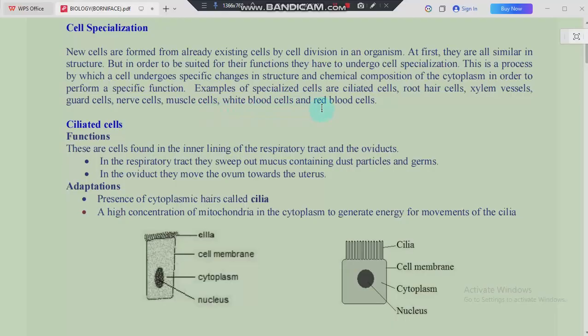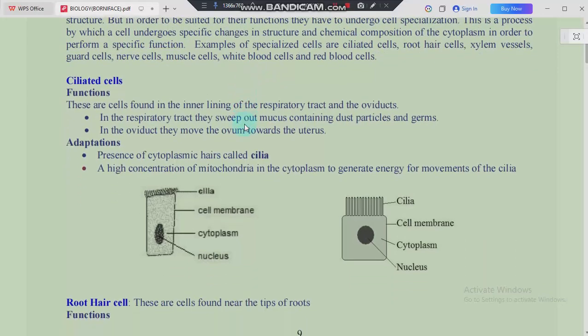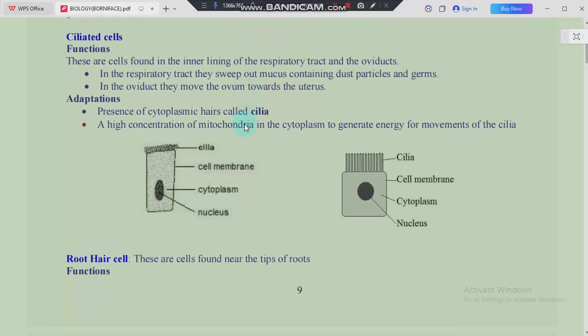So these are just examples of specialized cells that are specific in their action, okay, or that have undergone cell division in order to be suited for their functions. So now let's look at each one of these cells in detail and understand the features that they have for performing their function. So number one, I want us to look at a ciliated cell.